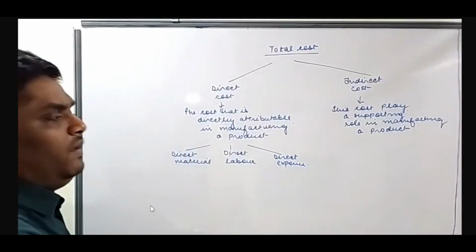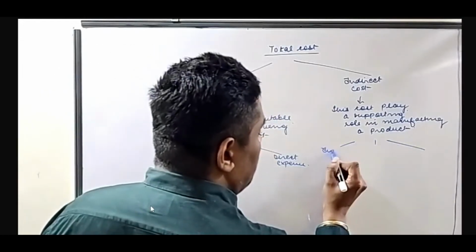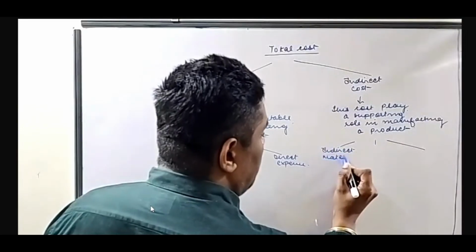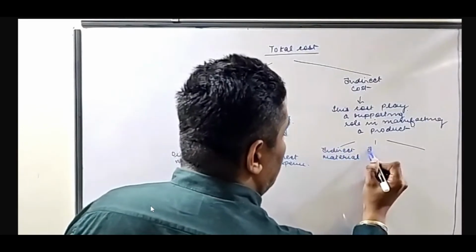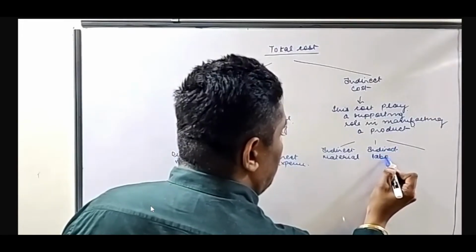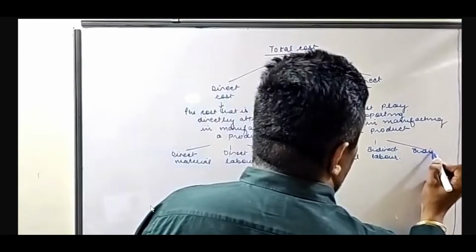When talking about indirect cost also, it is classified in three parts: indirect material, indirect labor, and indirect expenses.